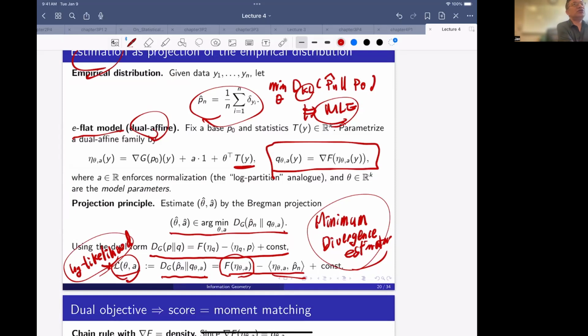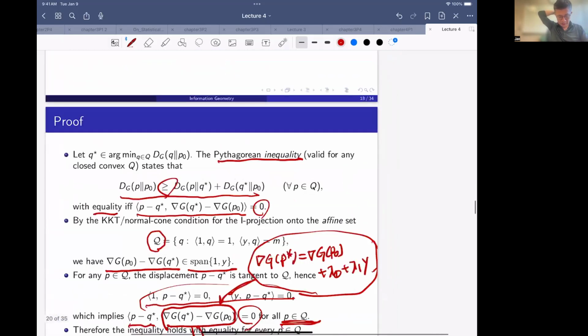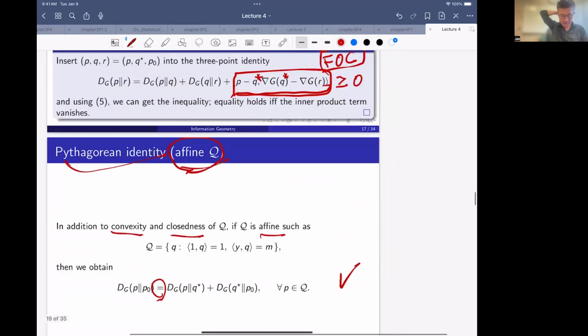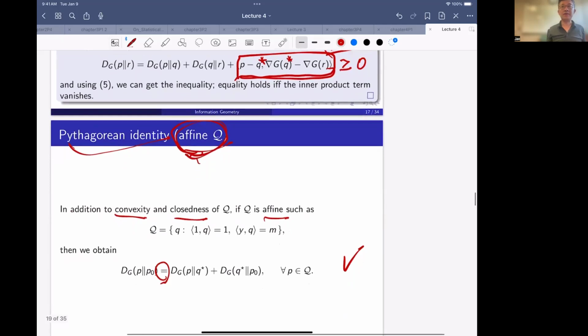I see. Yeah. So I think as long as you can construct a flat space, I mean affine space, okay, because this Pythagorean equality can only be established for an affine space. Is the general theory only about the affine space, or does it also apply to other spaces? Affine space. So this equality is only for the affine space.